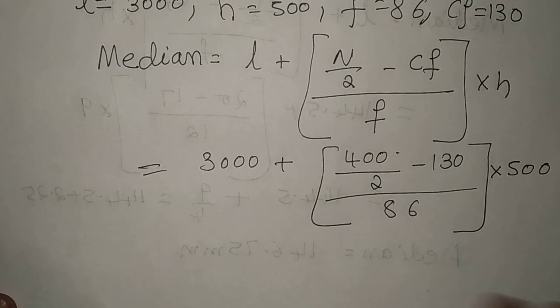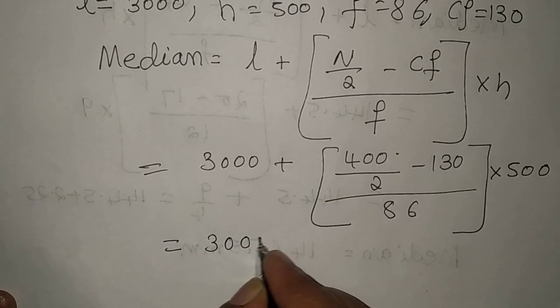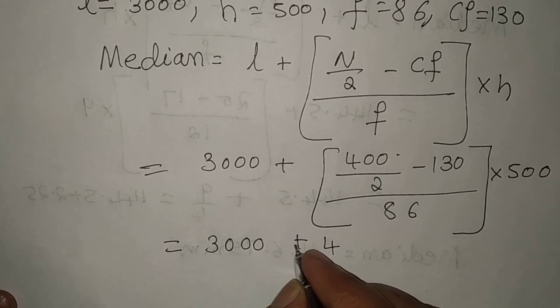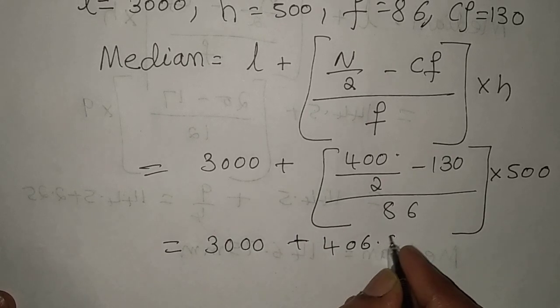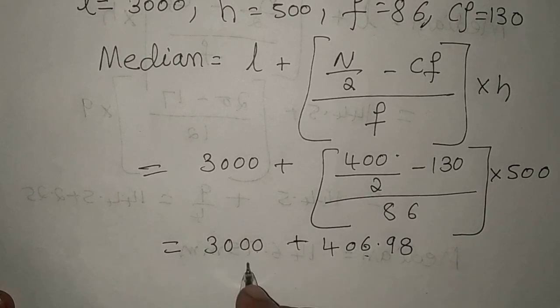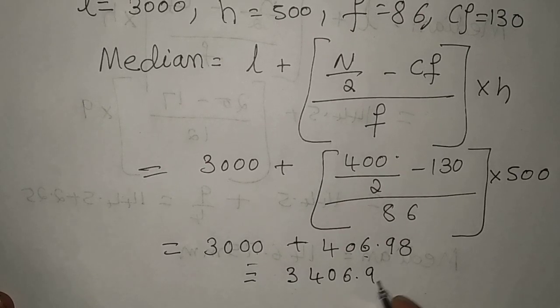So after substituting all the values, we'll get this one, right? 3000 plus, simplify all these things, we get 406.98. So now add all this, so we'll get 3406.98 hours.